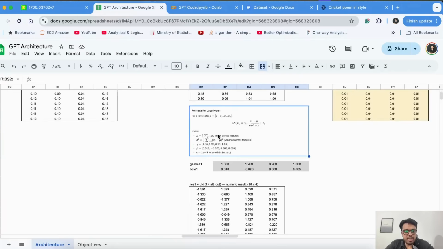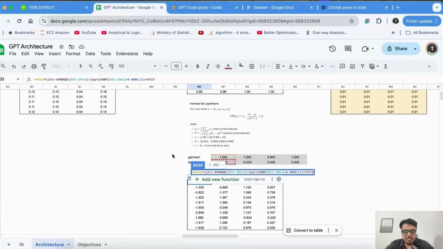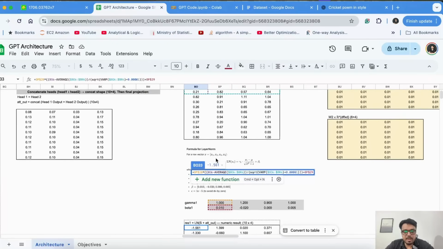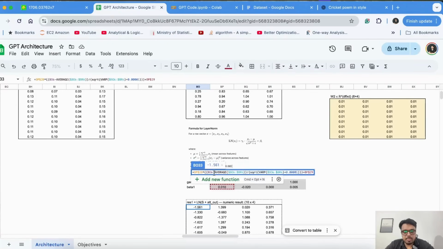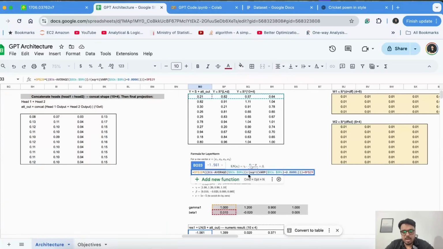So how we will do it is, I think we have done it using the formula. Similar to what I've explained, each element minus the average, which is the mean of that particular row, divided by the variance plus a very small number to take care of the case where the variance goes down to 0, and then obviously the scaling factor gamma and the bias beta.